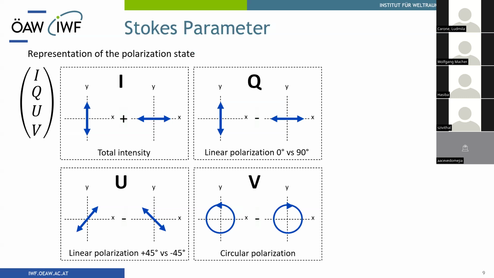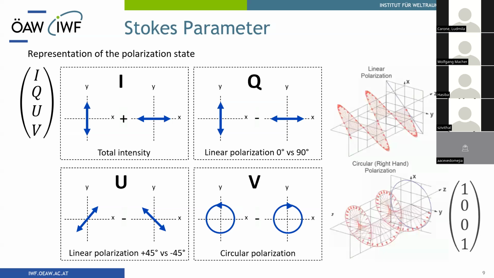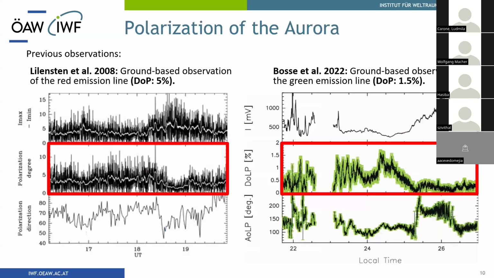With Q and U, you can characterize the full linear polarization vector. And then you are left with V, which is the amount of circular polarization, whether it's left-handed or right-handed, and this is measured by V. To give you an example, this linear polarization here would be plus U, so 45 degrees, and this one would be plus V here, because it's right-handed polarization. So it's a mathematical representation, and this will come in handy later on.